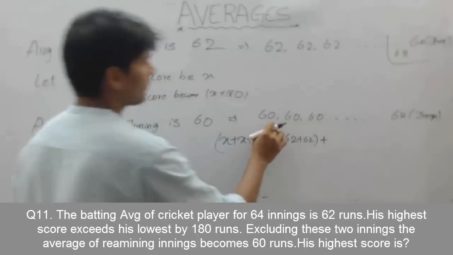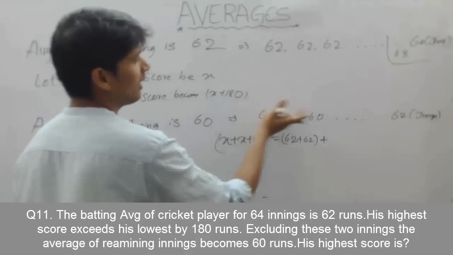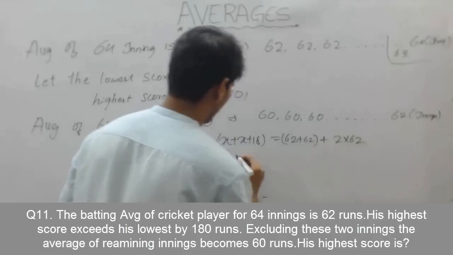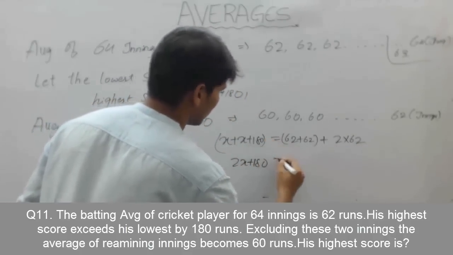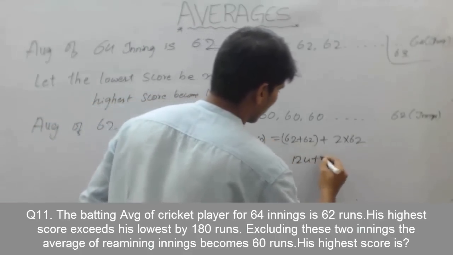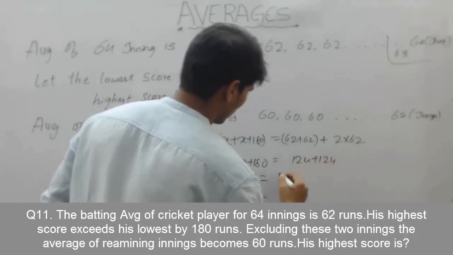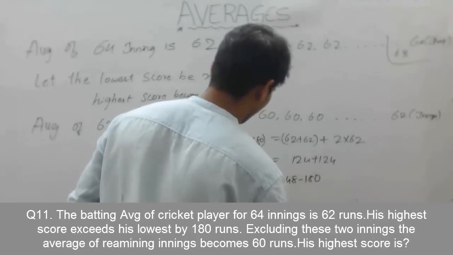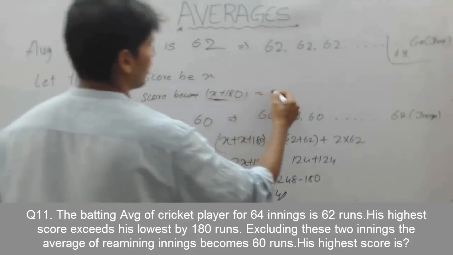And again in each innings he has reduced 2. So how many innings? So 2 into 62. So 2x plus 180 is equal to 124 plus 124. So 2x is equal to 248 minus 180. So x is equal to, you are going to get 34. So if you substitute here, you are going to get 214.